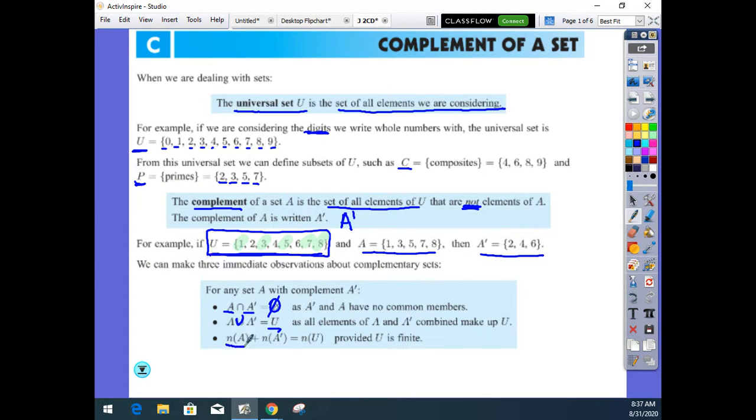Then if we have the number in A plus the number in A prime, we should have the number in the universal set. And this section is really just getting familiar with the terminology universal and complement, and reminding ourselves of the null set, where it's empty, and the intersection, the union, and the number in the set.